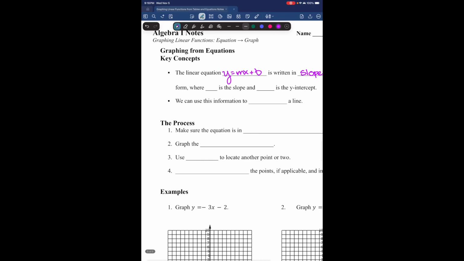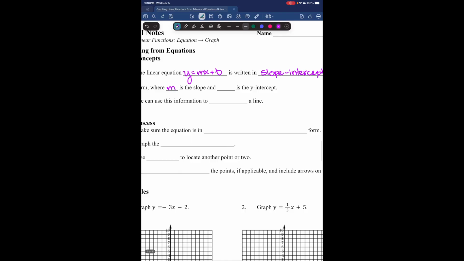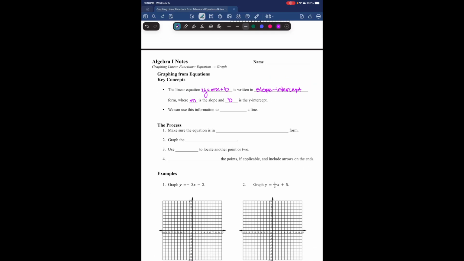We can use this information to graph a line.